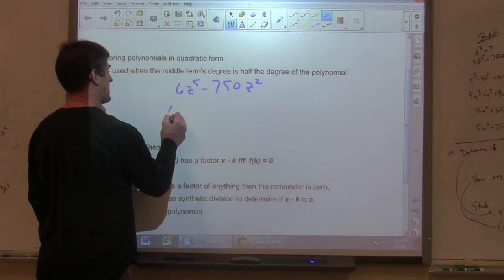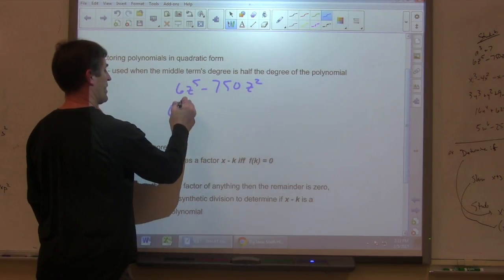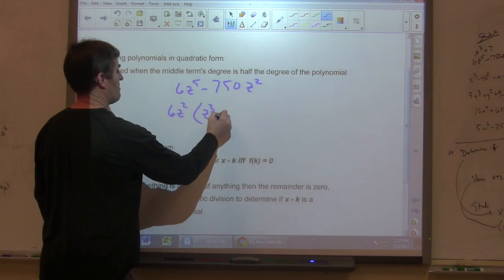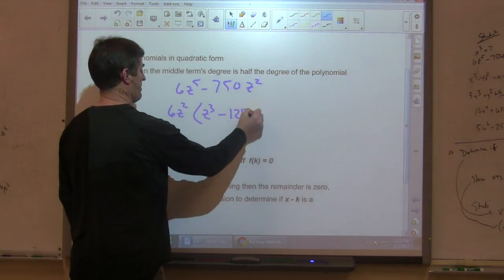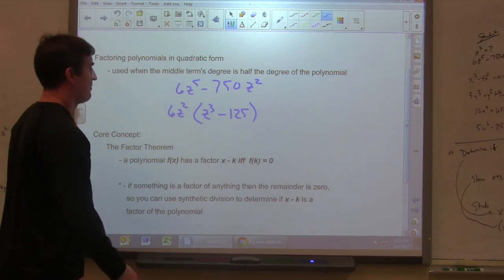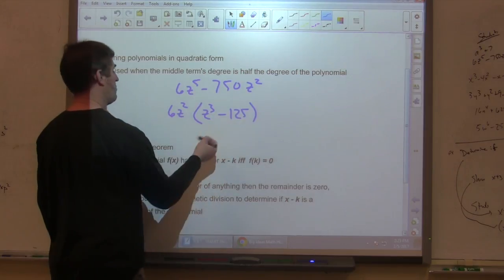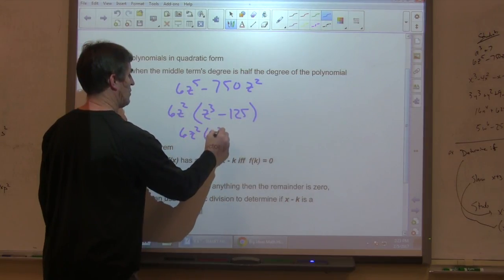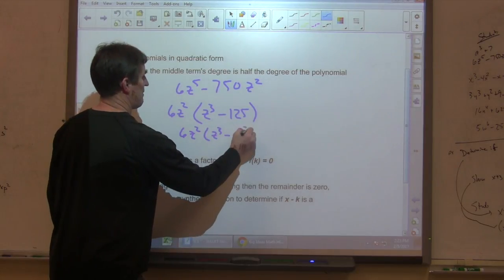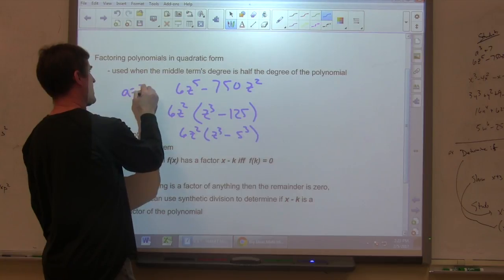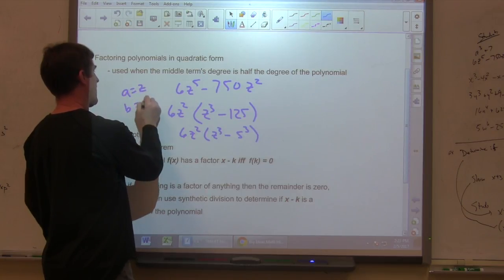I can pull a 6z squared out of that, and that gives me z to the third minus 125. Then again, because it's a cube, we should see if this is a cube, which it is. So I can write this as z cubed minus 5 cubed.